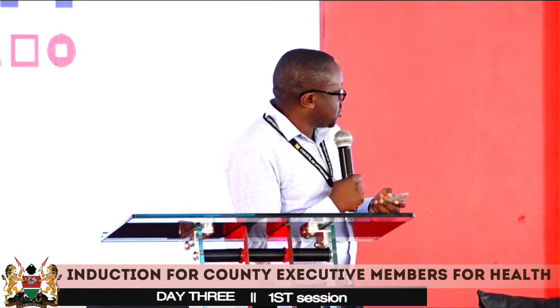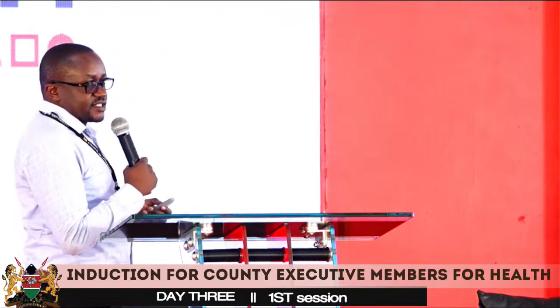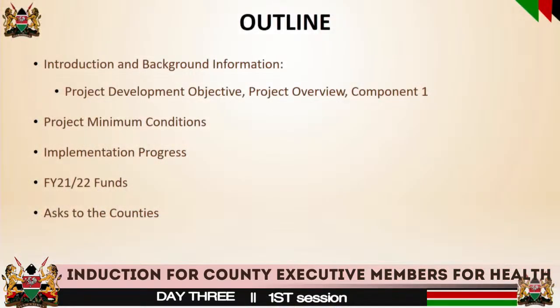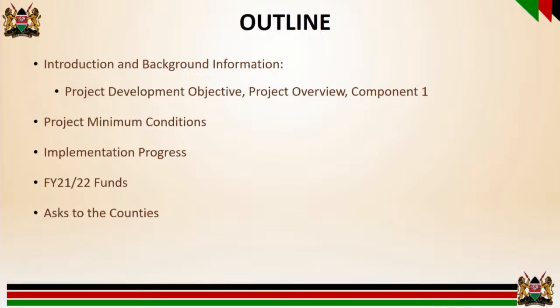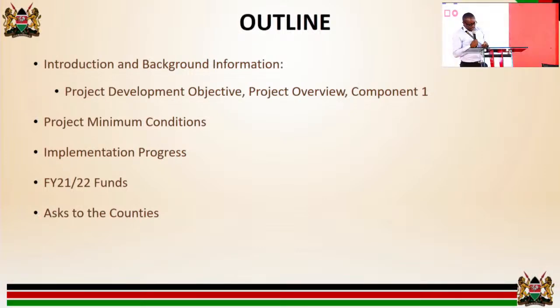So just allow me to start the presentation. This is just a brief outline of what we'll be looking at under the THS. I'll finish with the THS, after which I'll proceed to the Danida section. So we look at a brief introduction for the sake of Waziris who are new and joining us.